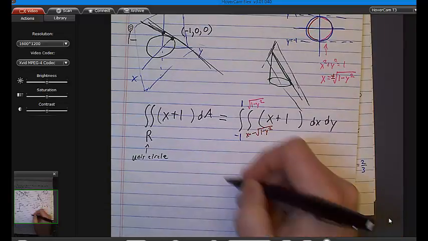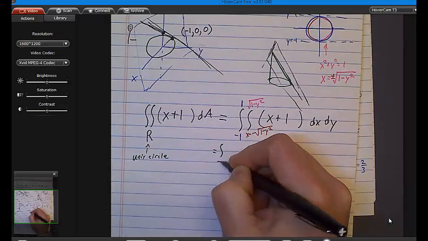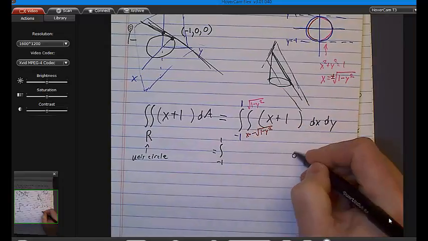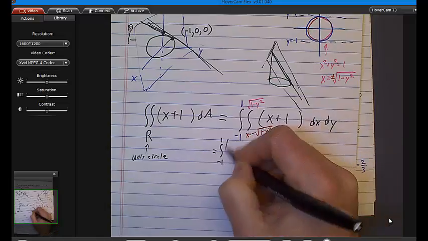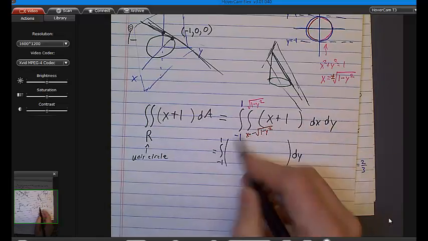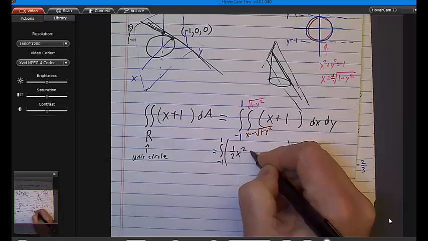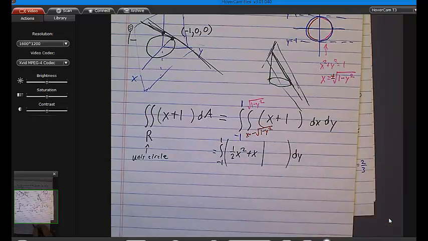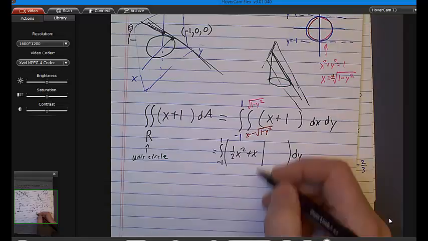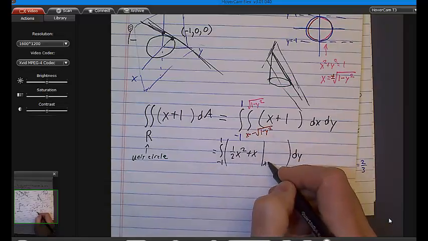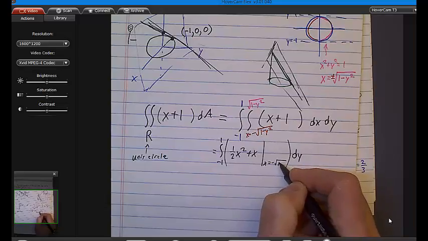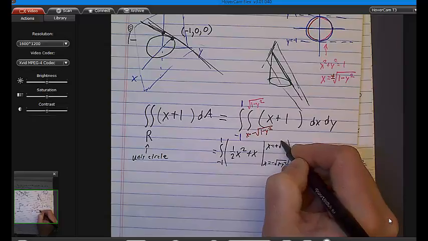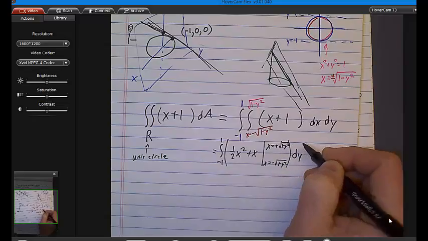I get, this is the integral from -1 to 1 dy. And what I'm left with inside, so let's see, this is 1/2 x squared plus x, evaluated from where to where? Well, again, from x equals negative square root of 1 minus y squared, and x equals positive square root of 1 minus y squared.